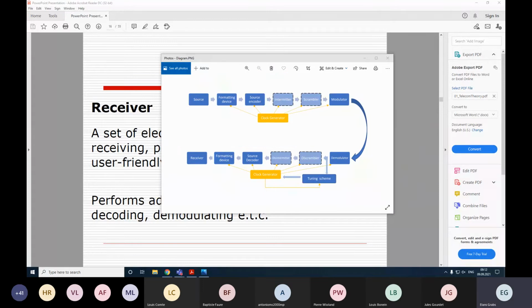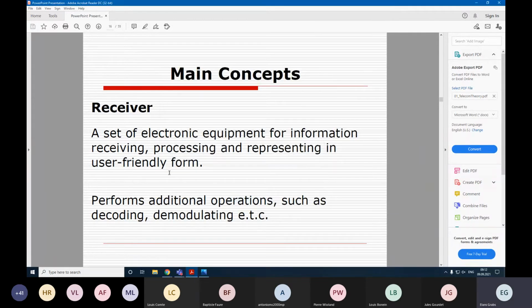So the idea is still the same: we are converting the information from user-friendly to system-friendly, because the system can work with digital information.